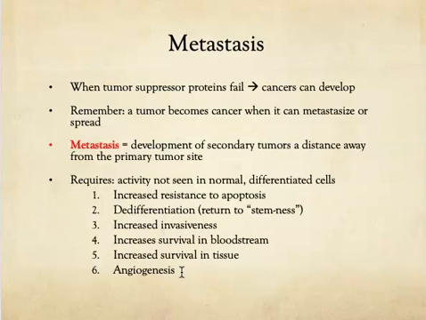As it gets bigger and bigger, it's going to need fresh blood. One of the things that a fully metastatic tumor has to be able to do is stimulate the growth of new blood vessels so that it can get the nutrients it needs to continue rapid cell division.